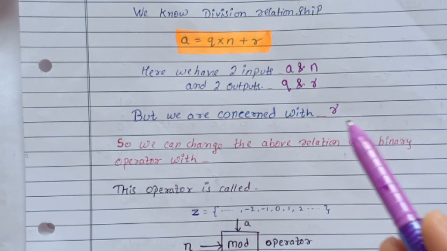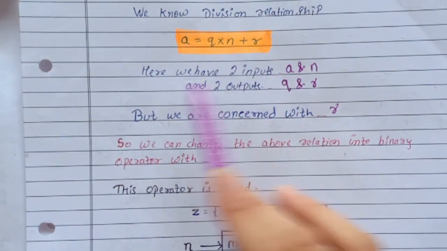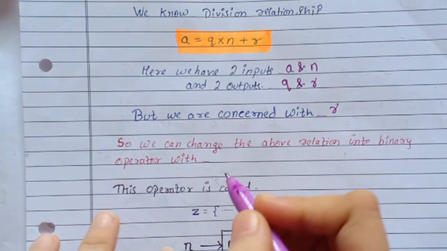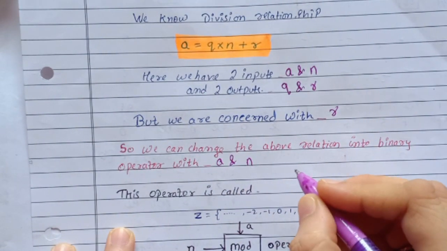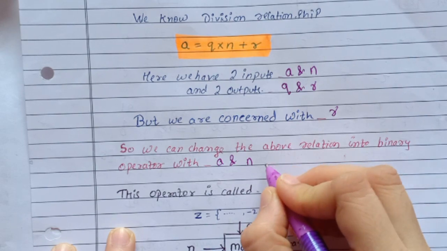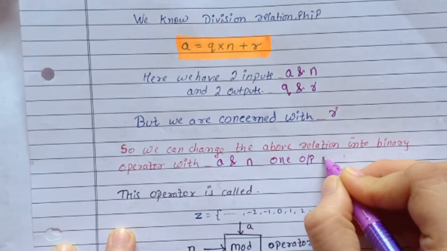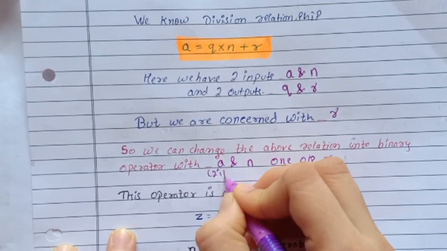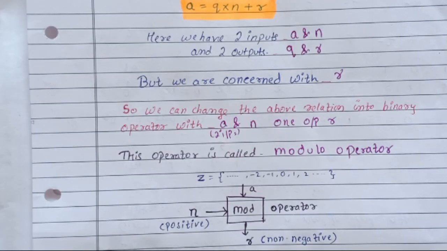So we can change the above relation into a binary operator with two inputs, A and N, and one output, R. This operator is called the modulo operator.